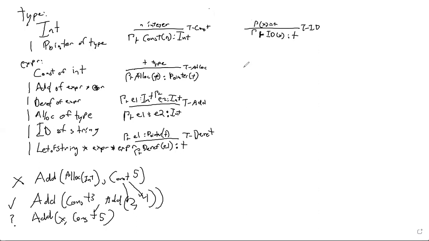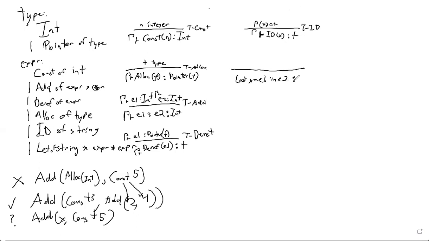Now, the most complicated one here is let. We want to be able to conclude that let of some string X, some expression E1, and some expression E2. Maybe I should write this out in its more standard form: let X equals E1 in E2.